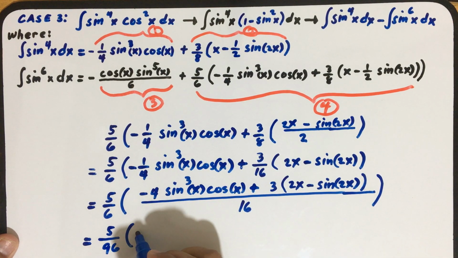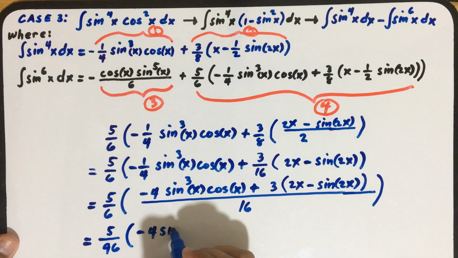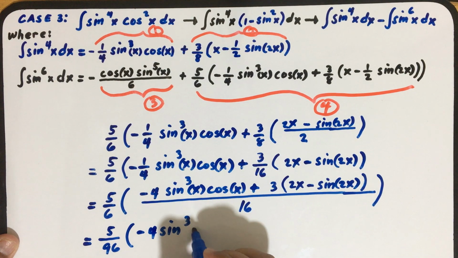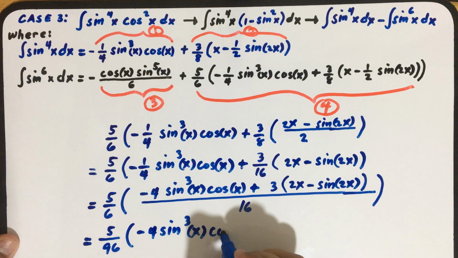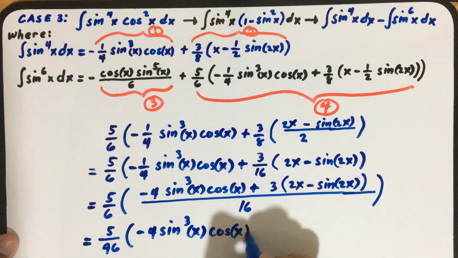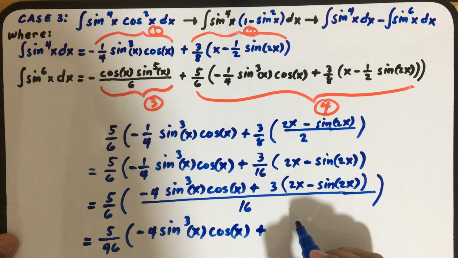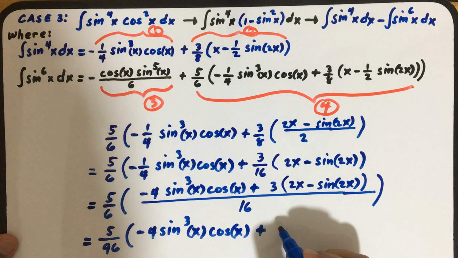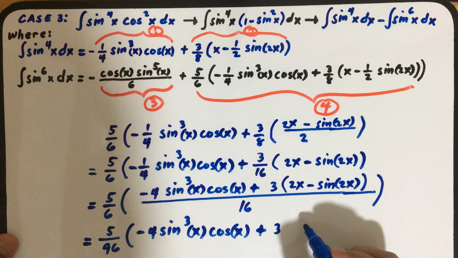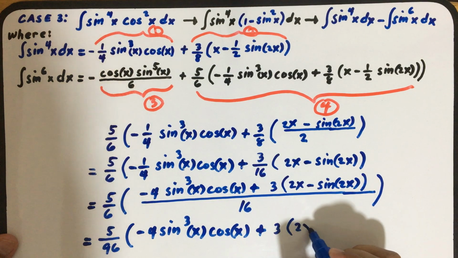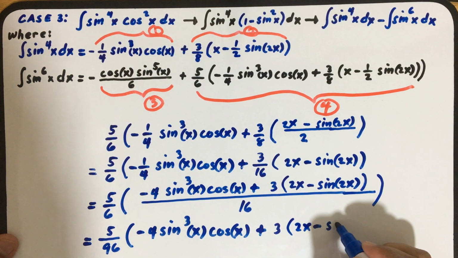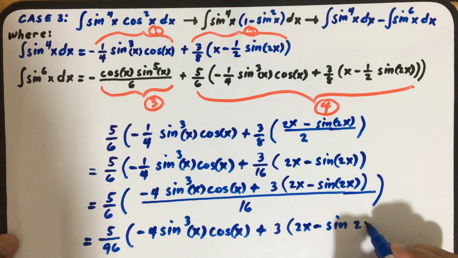Then inside we have minus 4 sine cube x cosine x, then plus 3 times 2x minus sine 2x.